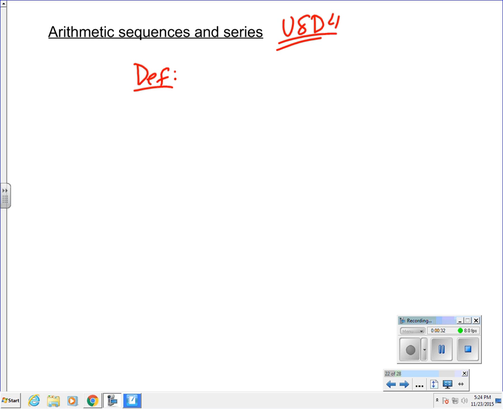An arithmetic sequence is a sequence in which each term after the first term differs from the previous term by a constant amount. So there's a constant difference in between every term.